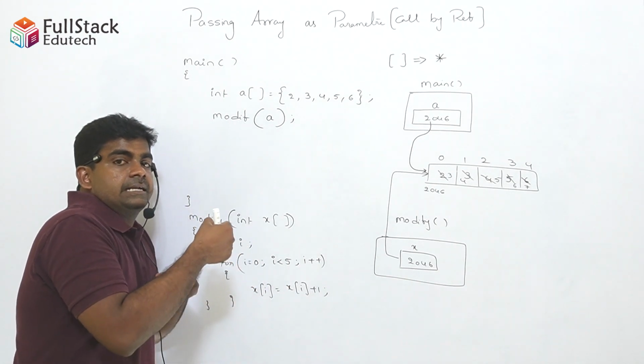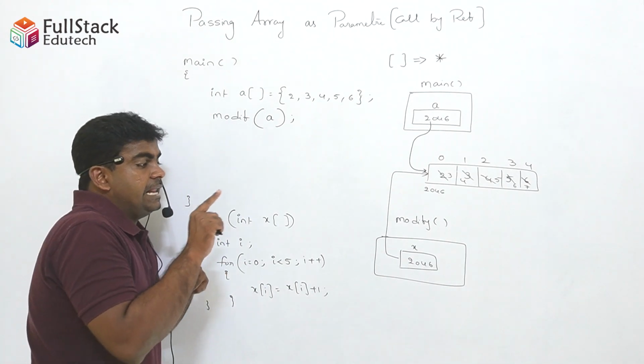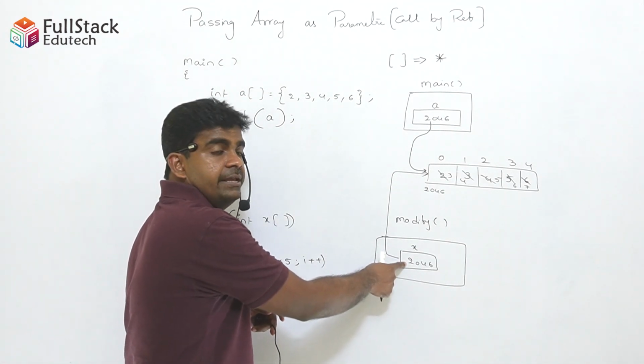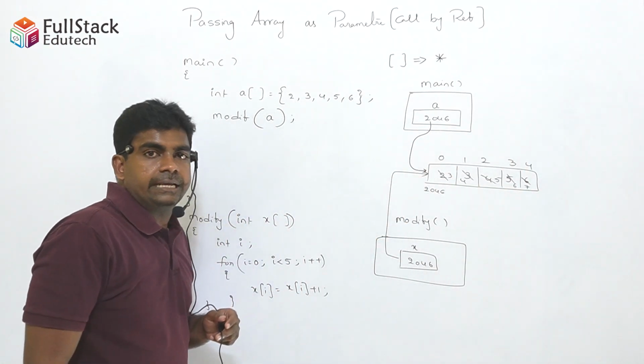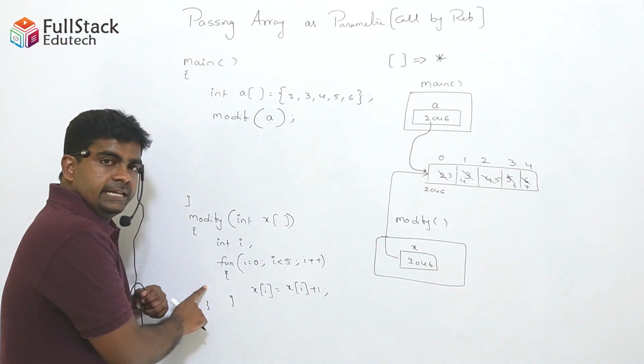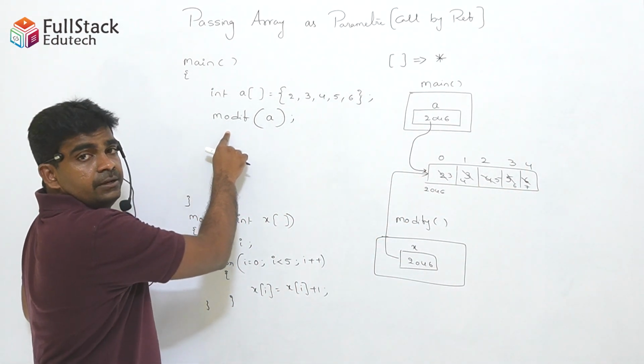By this we can understand that if you modify with the help of the address, it changes the values in these locations only. Once this function execution is over, it goes back.